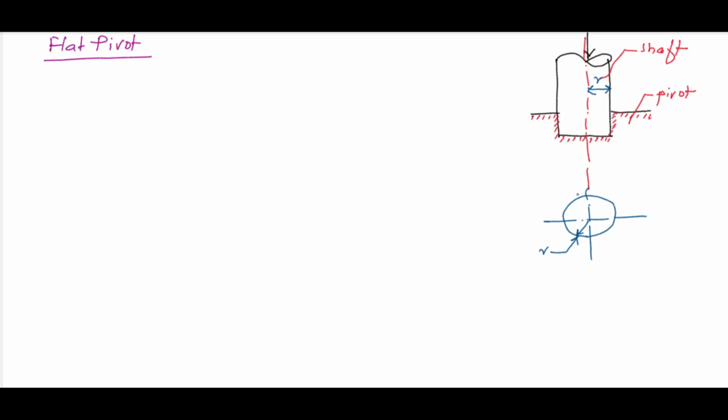Let us take a small ring for our derivation, of thickness, this hashed portion, at a radius, suppose r1, and the thickness of the ring is, let's say, dr1.